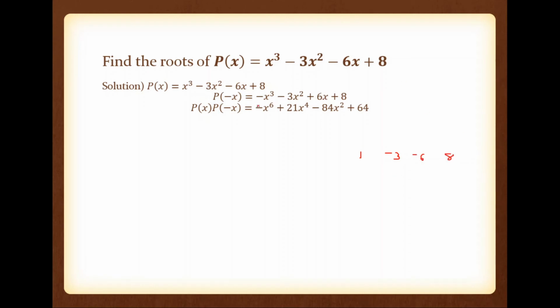Okay, and what about p of minus x? That is minus 1, minus 3, then plus 6, then plus 8. Right? So now multiply it.